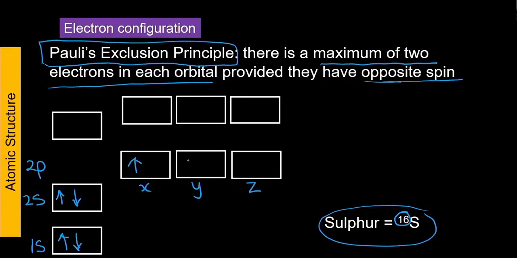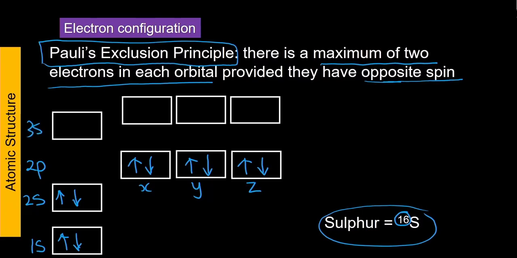And this is actually Hund's rule. So let's have a look. We're going to say we've got 1, 2, 3, 4, 5, 6, 7. Then we go back to the x orbital, 8, 9, 10. Okay, second energy level filled. We're going to move to the third one, the 3s.